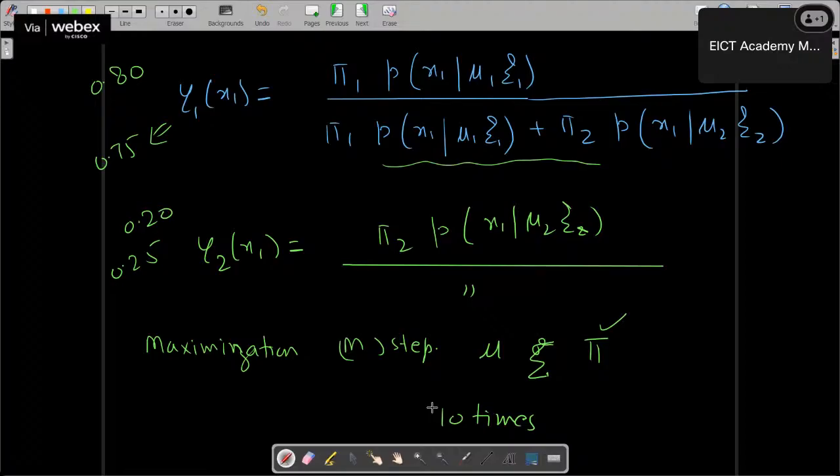The use of this is again the same, an unsupervised machine learning application. In the last class we discussed customer segmentation and anomaly detection. The benefit is that it is a soft clustering technique.